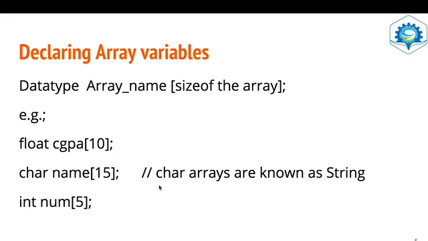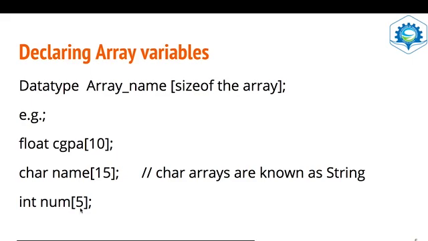That is, we are reserving 15 locations to save character type data. The last example shows int number[5], an integer array of size 5. Hope you all got the point.